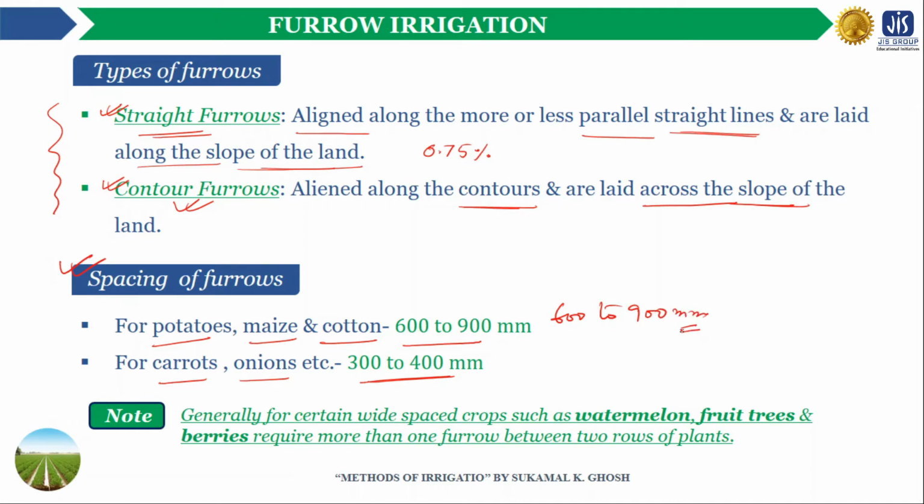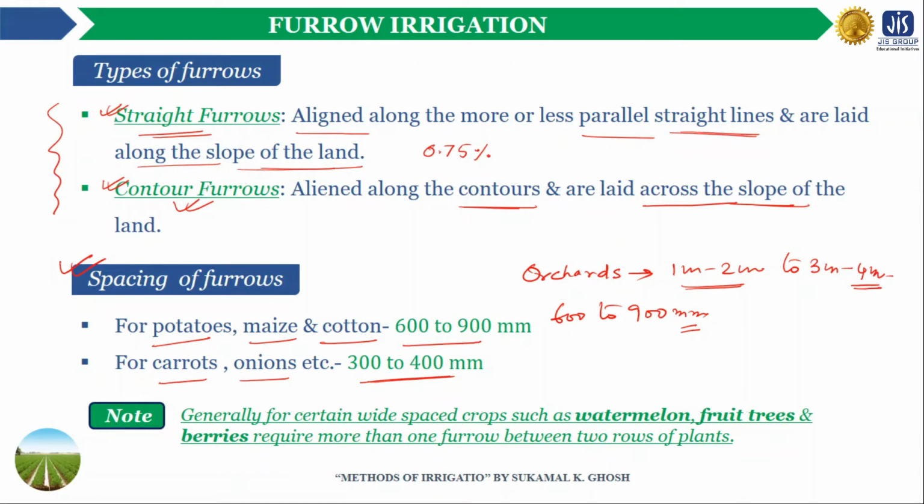In orchards, furrows may be spaced 1 meter to 2 meter apart, and in some cases the spacing of the furrows may be as much as 3 to 4 meters. Okay, so for the orchards, the spacing of the furrows may be from 1 meter to 2 meter to 3 meter to 4 meter.